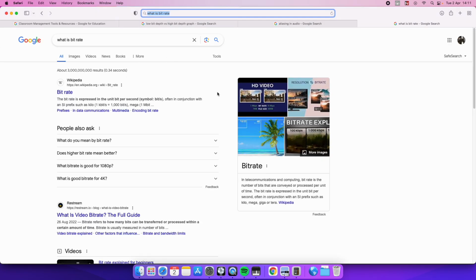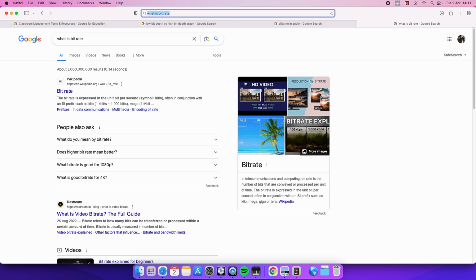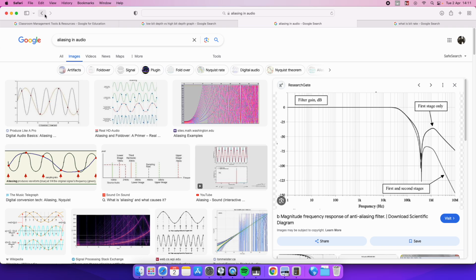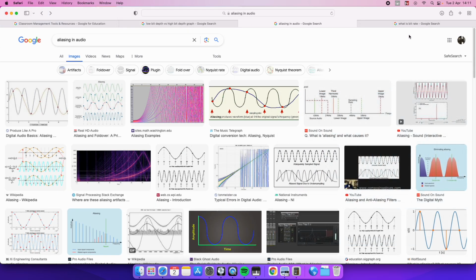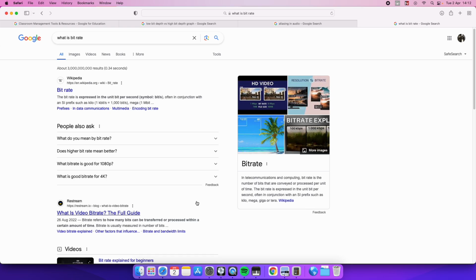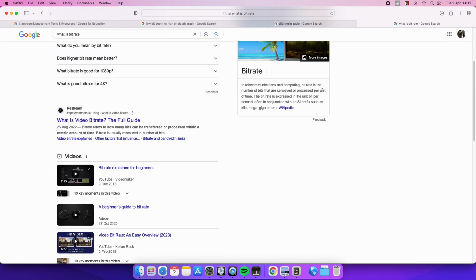It's expressed in the unit bits per second. So we've got the bit depth, which is the quality per slice of audio. And then I suppose the bit rate is how quickly we read those bits. Right? The number of bits that can be converted or processed per unit of time.